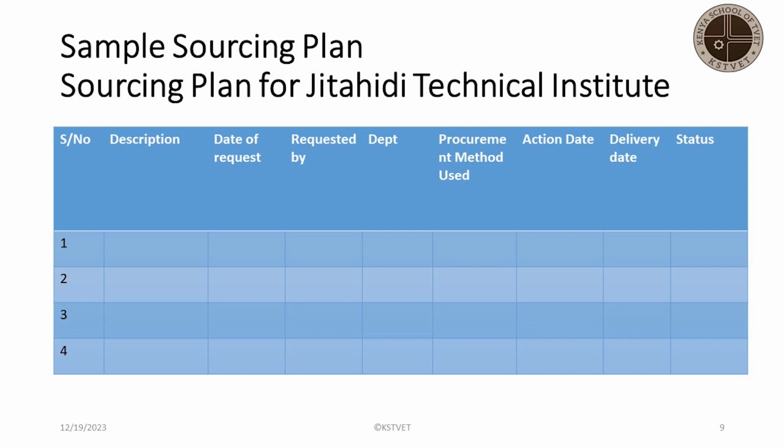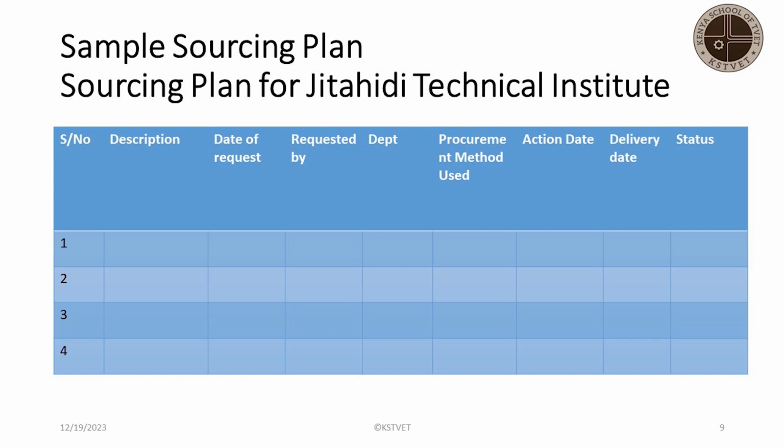That is the date when the request for the item to be bought was made. We have requested by, and this is the person that is making the request. We have the department, and this is the department that is making a request.